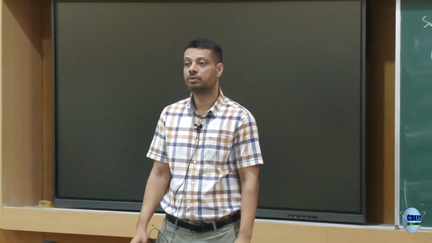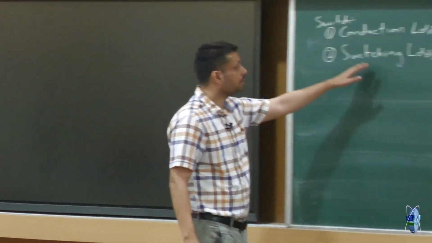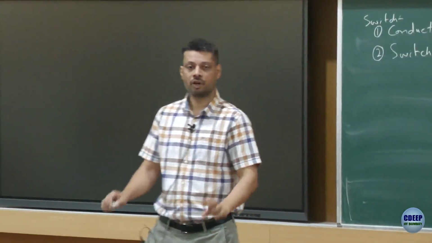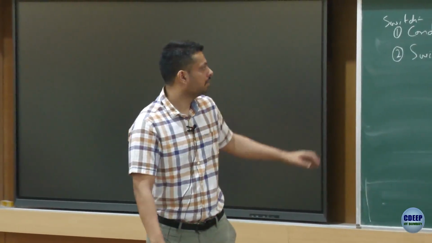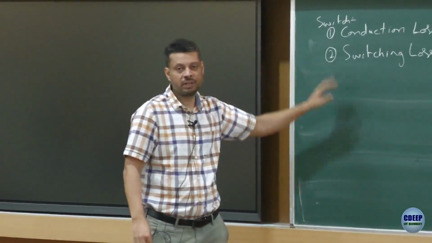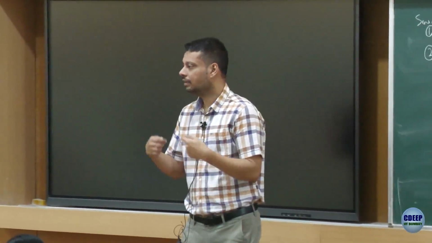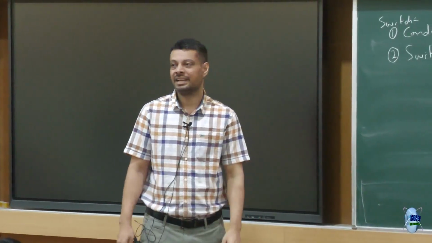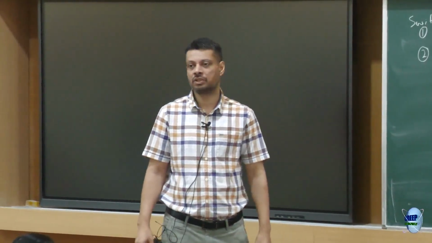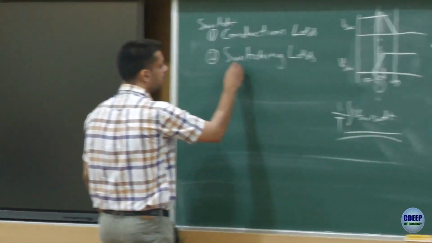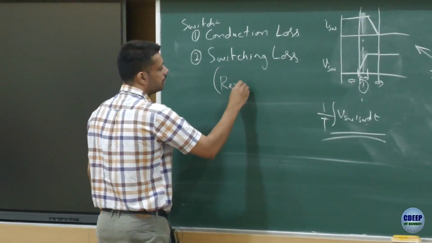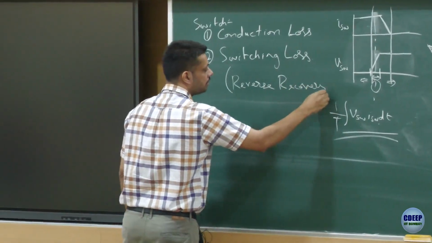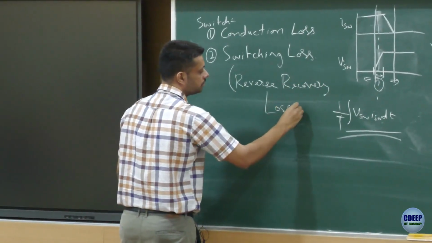Any doubt? How exactly you calculate these, what the effects of the different parameters are, we are not discussing today, but broadly now you understand there are these two types of losses that happen in either a diode or a semiconductor switch, right. In a diode, instead of calling it switching losses, we have a different name, we call it reverse recovery losses.